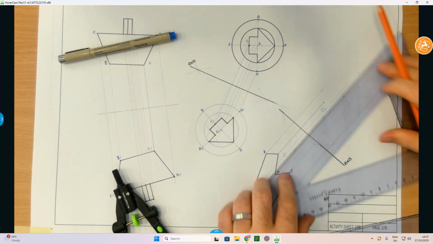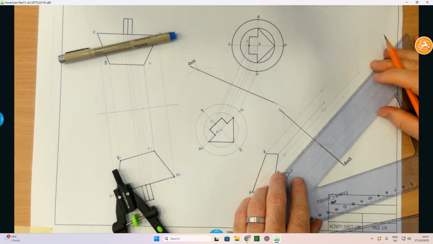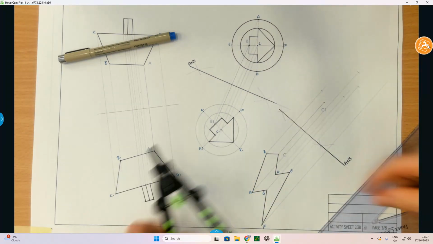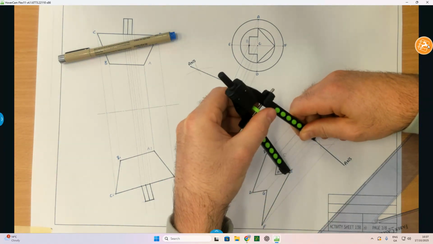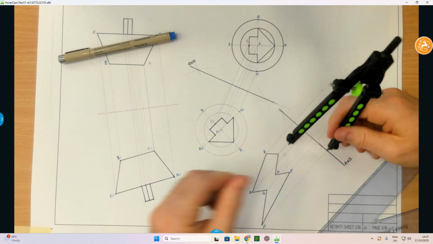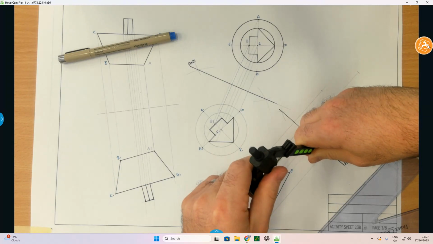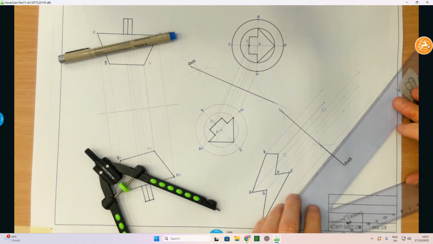So I will extend my line on a few of them, just so I don't get confused here. Okay, the next one I have is E. Distance from the axis to E. And finally, distance from the axis to F. And I mark it out. Just fits on the page over there. Okay.